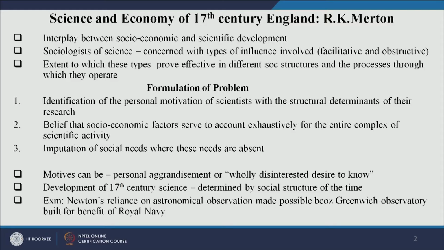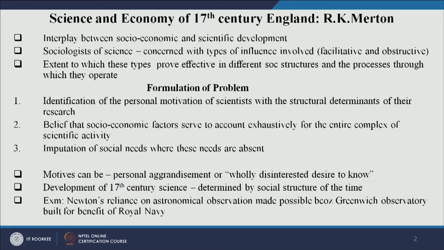And the third one is the imputation of social needs where these needs are absent. That is, you impute social needs to the society, but these needs are absent.